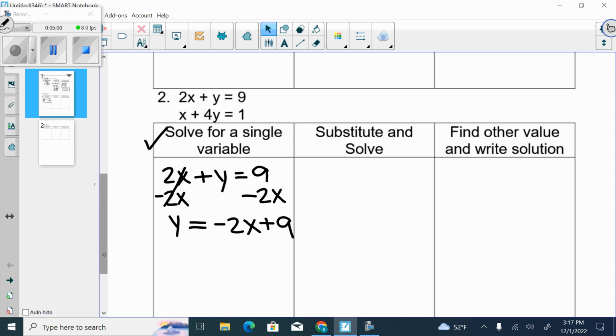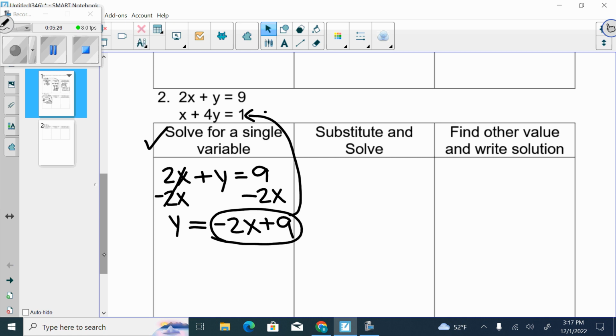Next, it says to substitute and solve. So just like last time, now that I know this is what y is equal to, I can take it and substitute it into that second equation. So anywhere there's a y, we're going to take it out and replace it with what we now know that y is. Okay? So I'm going to start rewriting this equation.